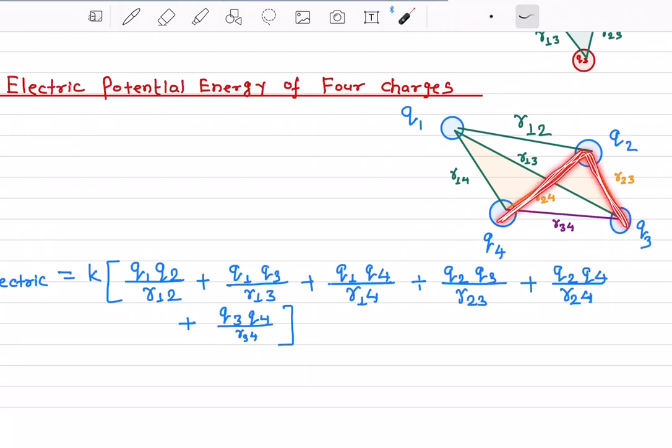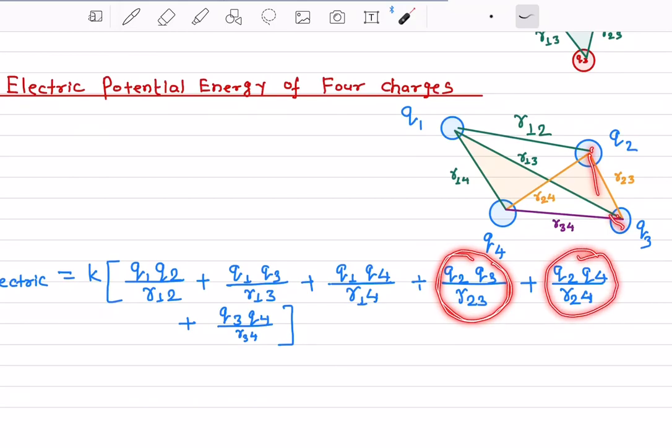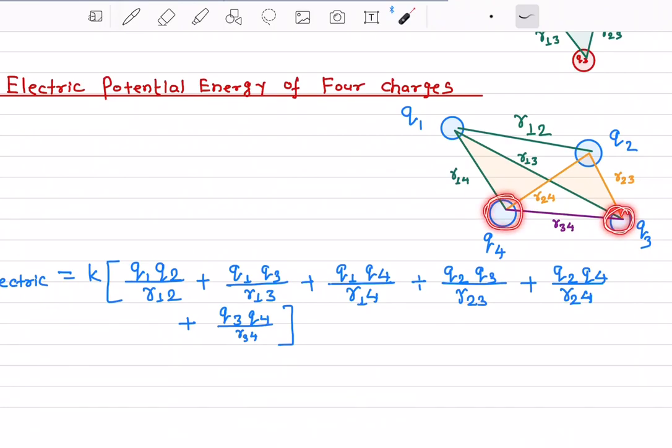But now we also have the interaction, or the potential energy, due to Q2 and Q3 and Q2 and Q4. So we're going to add that too. This term here gives you the potential energy of the system of Q2 and Q3, and this term is the potential energy due to Q2 and Q4.